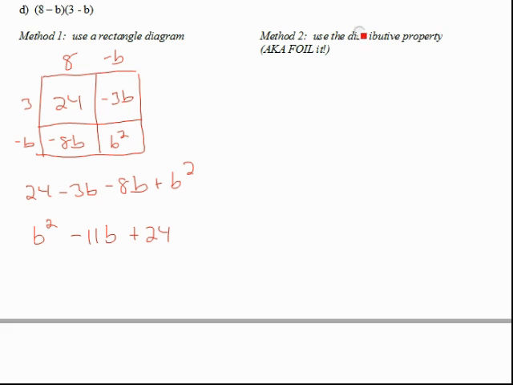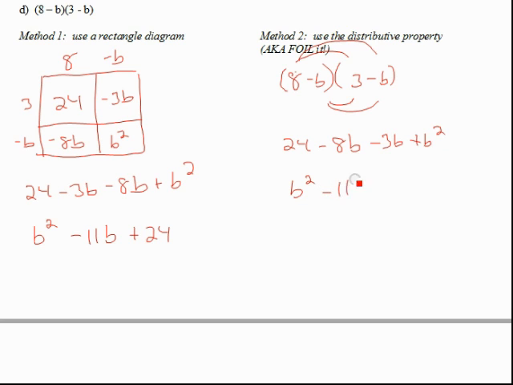And if we FOIL it, we have 8 minus b times 3 minus b, first, outer, inner, last: 24 minus 8b minus 3b plus b squared, which is b squared minus 11b plus 24.